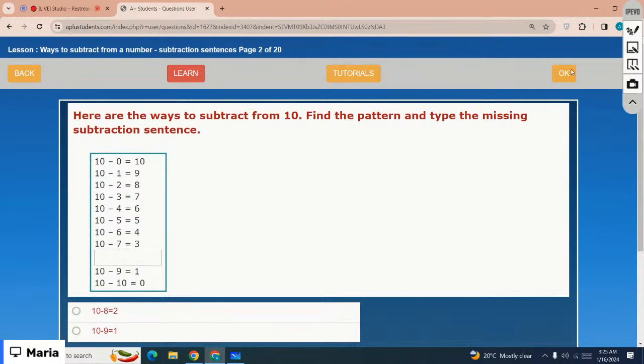So which subtraction is missing? Yes, the correct option is 10 minus 8 is missing one, right?